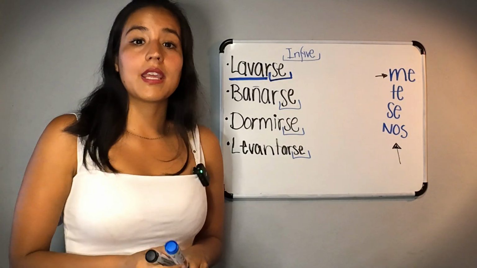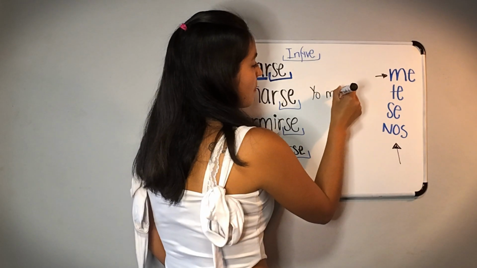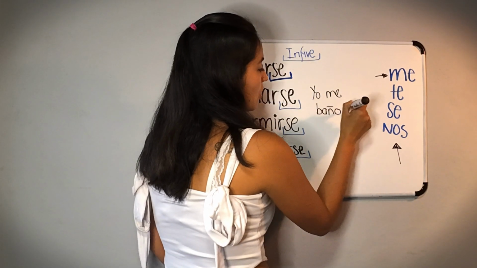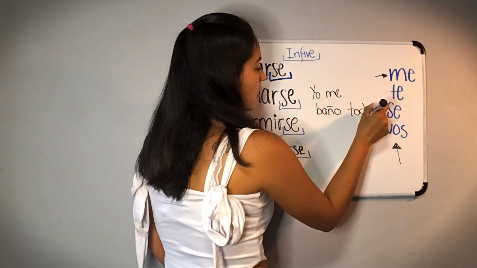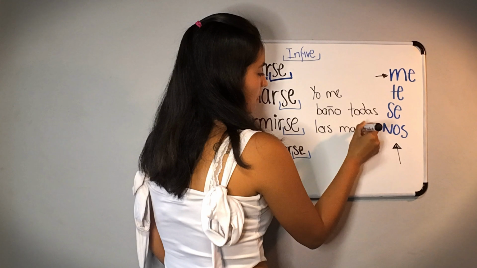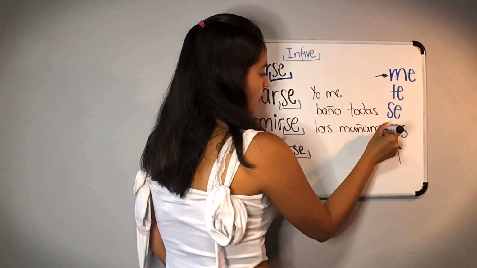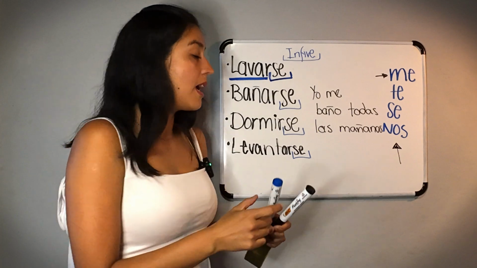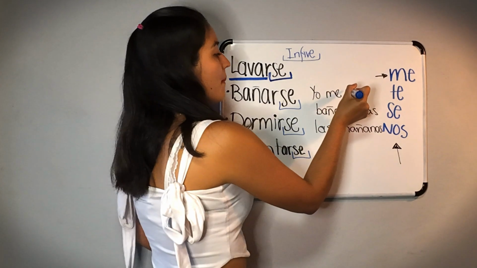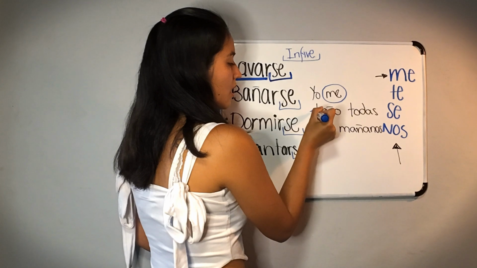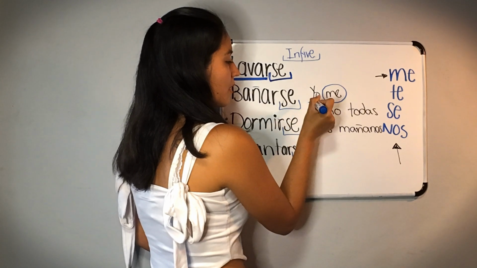Siguiente ejemplo. Bañarse. Yo me baño todas las mañanas. Okay, I take a shower every morning. Me is in the right position: before the conjugation and after the pronoun of who is doing the action.